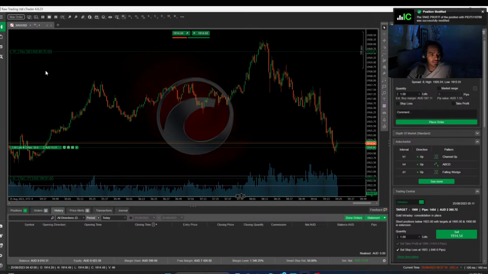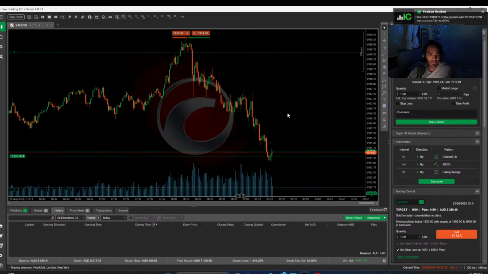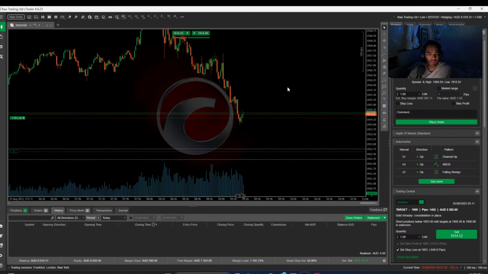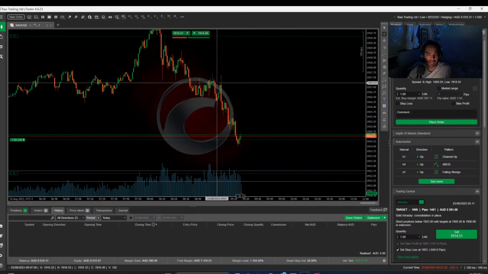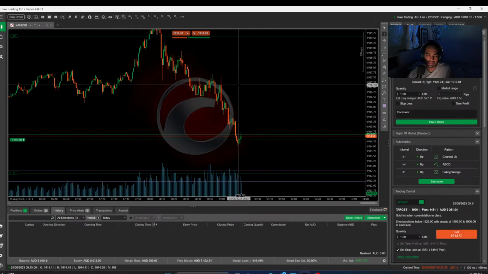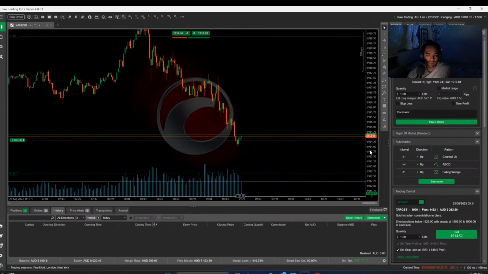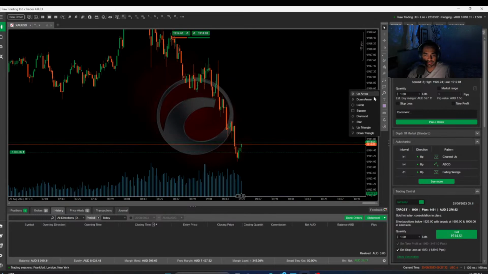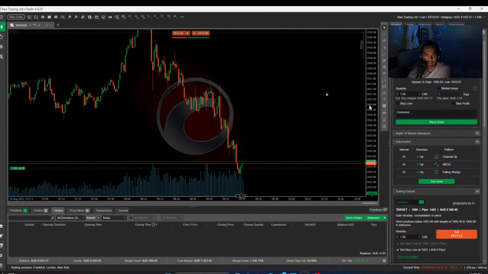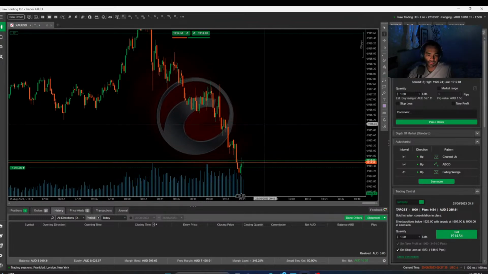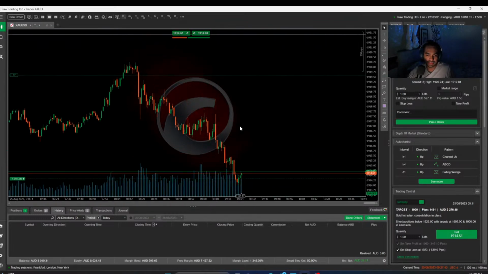So that's around 550 pips. Once the price moves to around 1917.24, we're gonna move our stop loss to break even. Stop loss to break even, maybe close half and let the runners run.